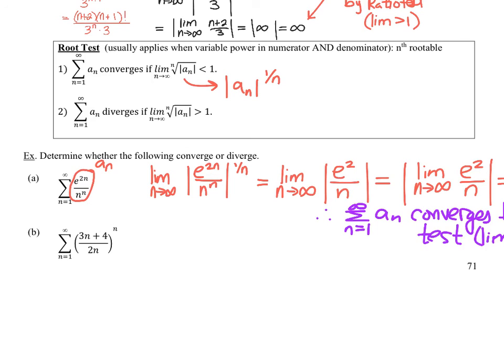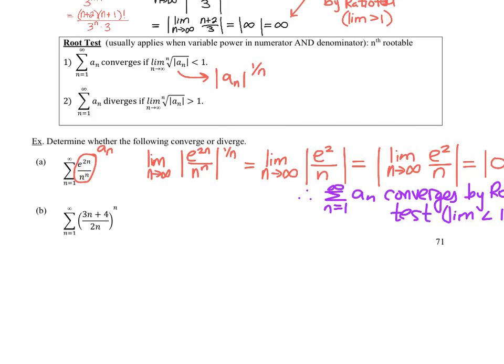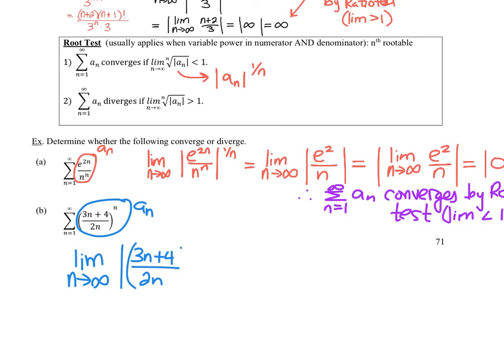If both parts are raised to the nth power, it's screaming root test. And the idea is that you're going to take the nth root and find the limit of that as n approaches infinity. So limit as n approaches infinity. And so again, here's my a sub n: 3n plus 4 over 2n, to the nth.